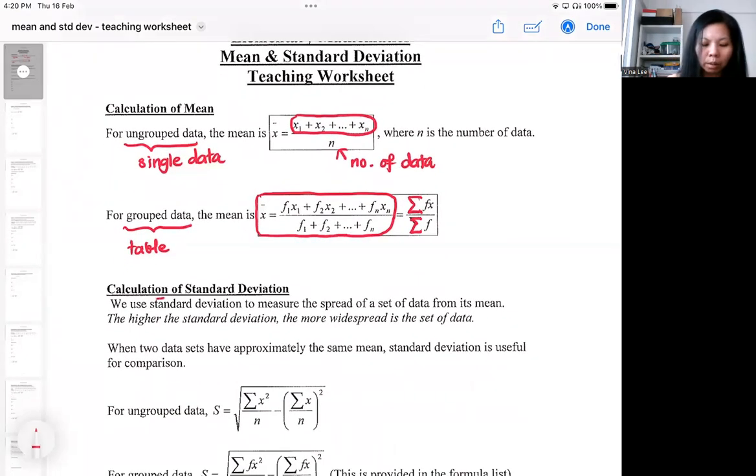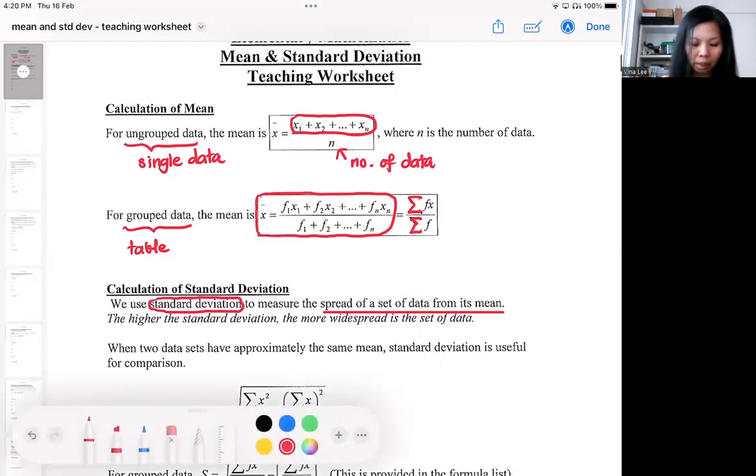So we are using standard deviation to measure the spread of the data from the mean. That means how far it actually deviates from the mean. So if there's a lot of deviation from the mean, it's actually not so good.